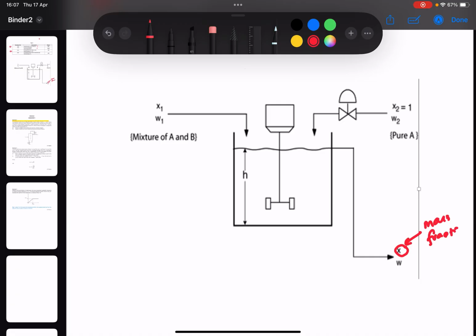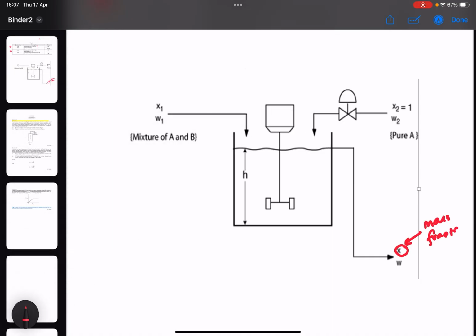In case you have forgotten, for the blending system here we have a mass flow rate entering from stream 1 with the value W1, and another mass flow rate entering through stream number 2, with mass flow rate W2.